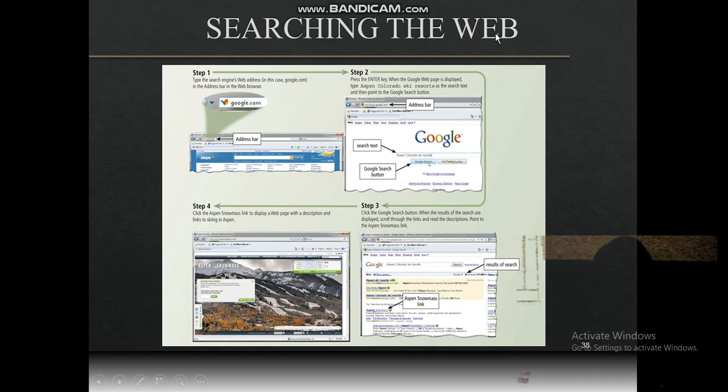Searching the web: this is a step-by-step process you can follow. I know my students will not be left behind on how to use Google Chrome. Just key in the address when you have the browser installed on your system or mobile phone.